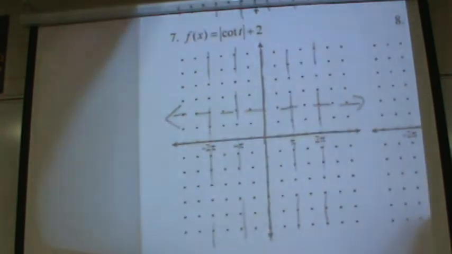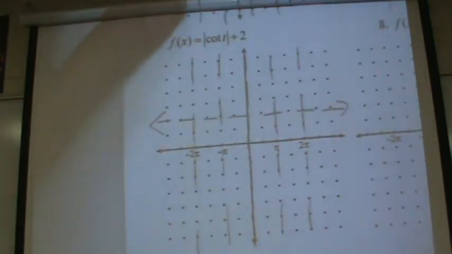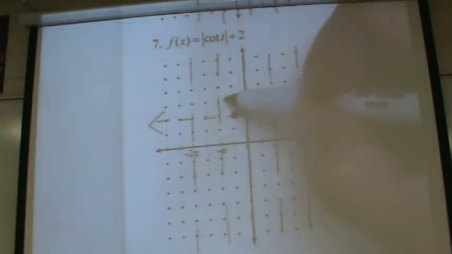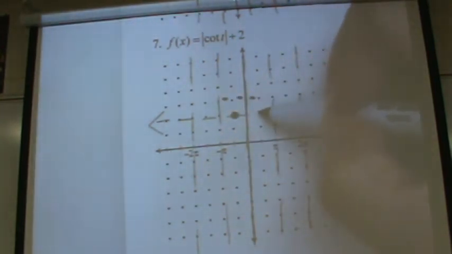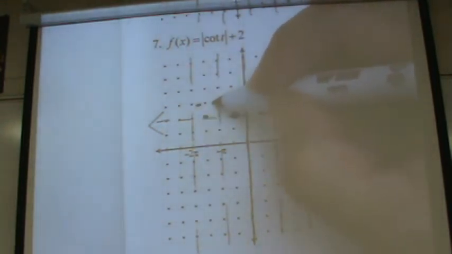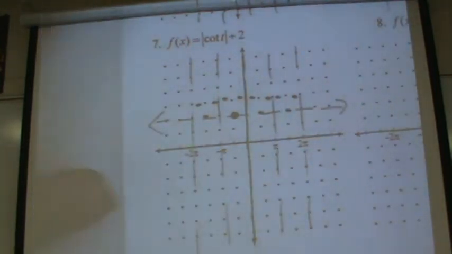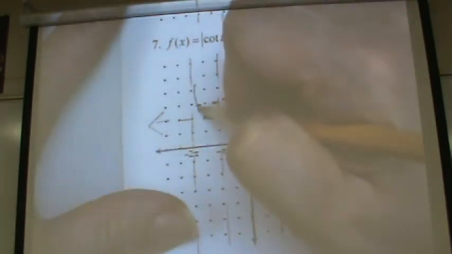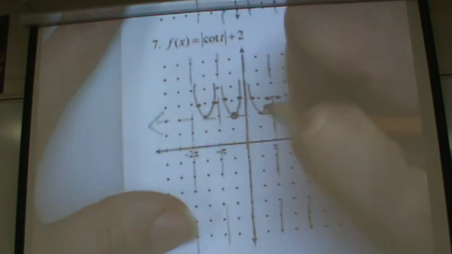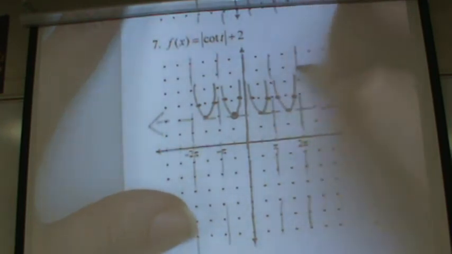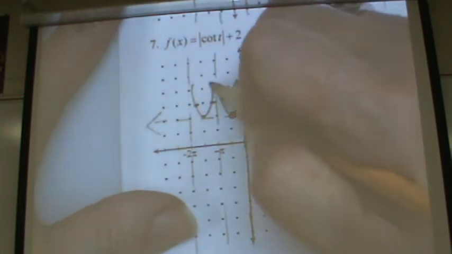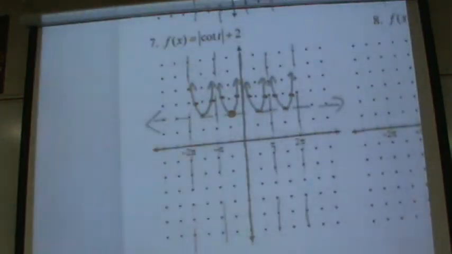So what are you going to draw? You've got parabolas. There you go.